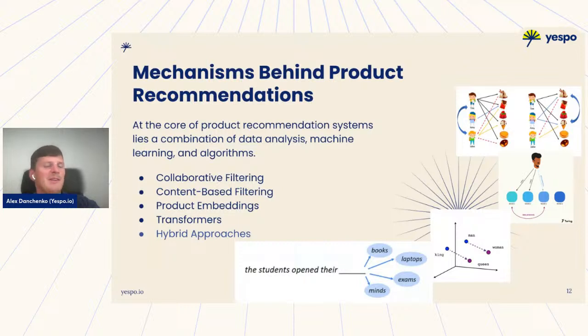In this case, it would be a next product to continue this story to the best finale. So all of these beautiful mechanisms could work together as a hybrid approach, and that's basically what we do in Yespo. Blend it all together to achieve the best results.